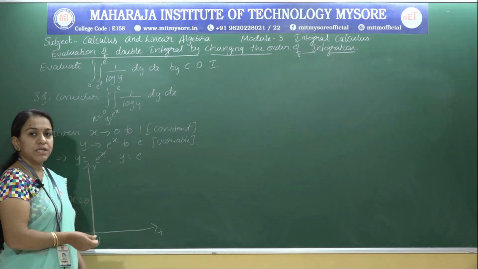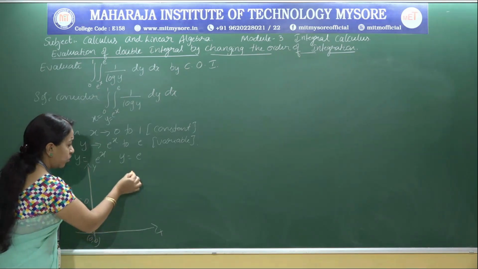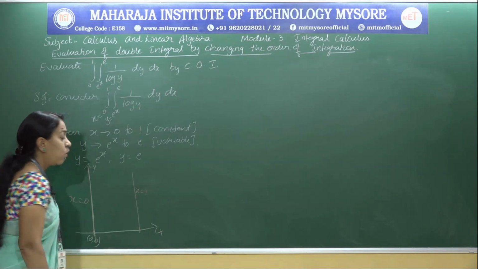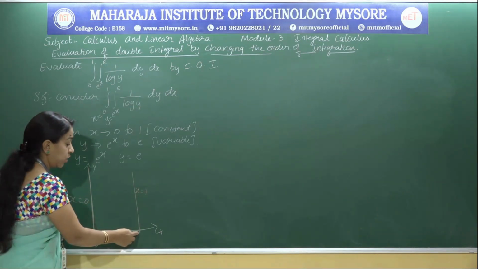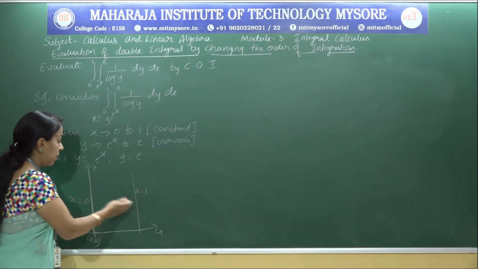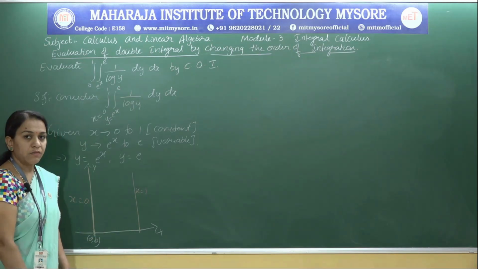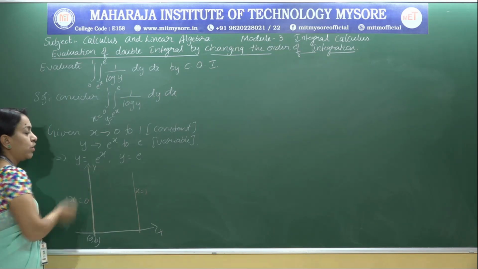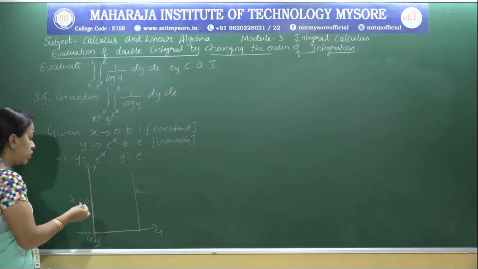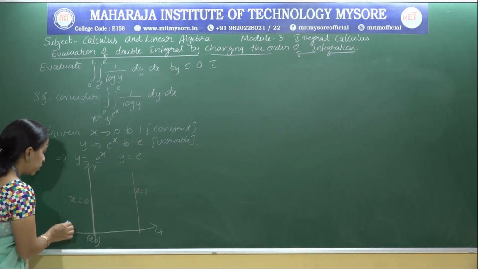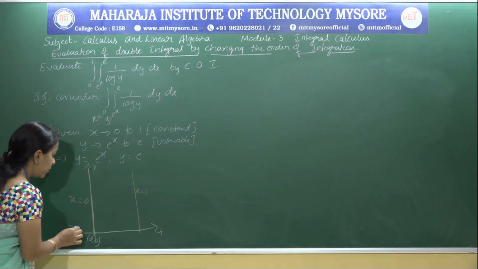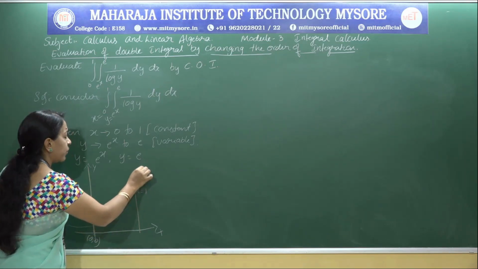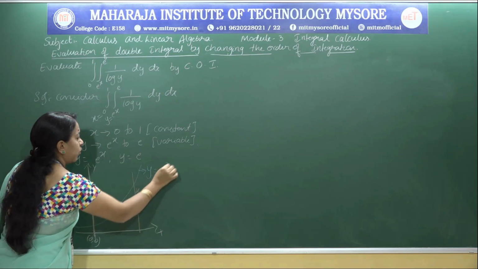X equal to 1 is the equation of a line passing through the point 1, 0 on the axis and parallel to the y axis. Now, another curve is y equal to e power x. So, it is an exponential curve, we know how to draw the exponential curve. Yes, this is your y equal to e to the power of x.